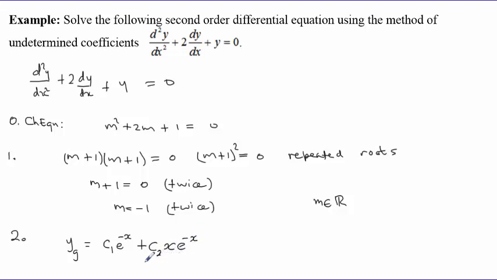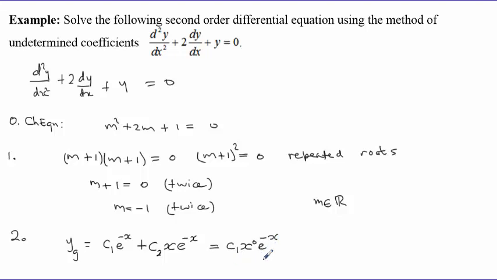Now note, when the root is used for the second time, note what I've done here. I've included x. Let me interpret this for you again. What I've written here is C1, the root is used for the first time. Then I write x to the power 0 times e to the power minus x.